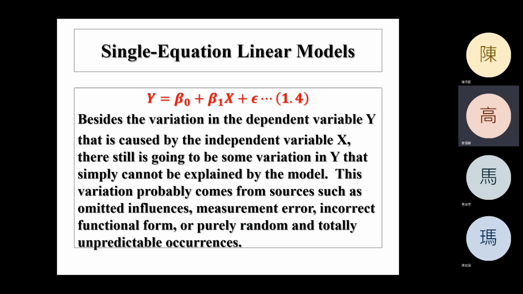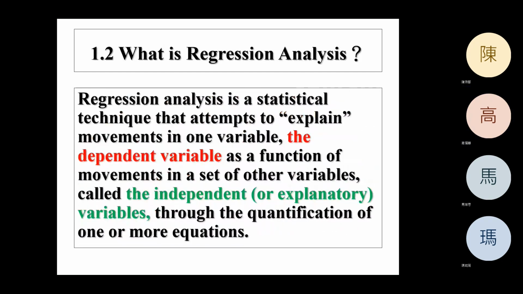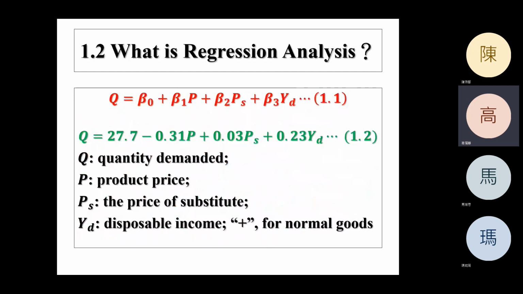Let's use the example here. What does this mean? This is beta 0, and I'm using an example with only one x. But for equation 1.1, we have 3 x's.